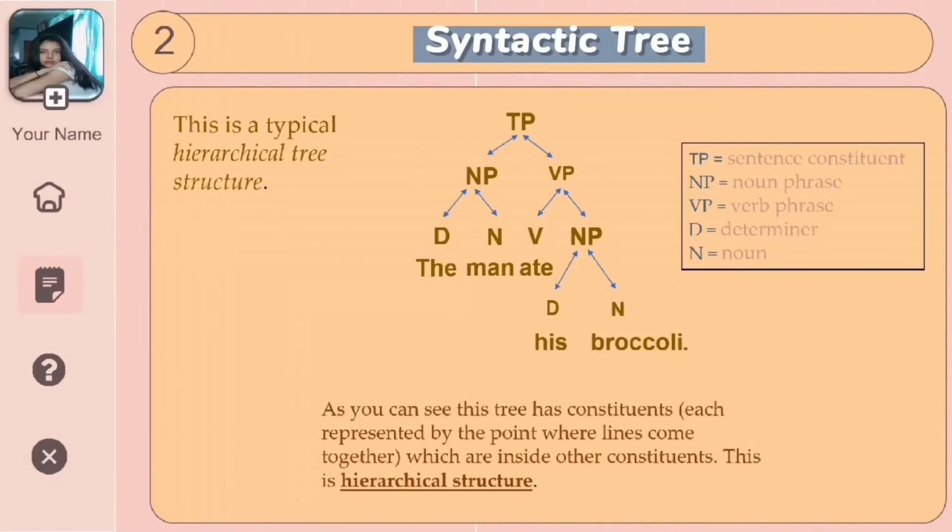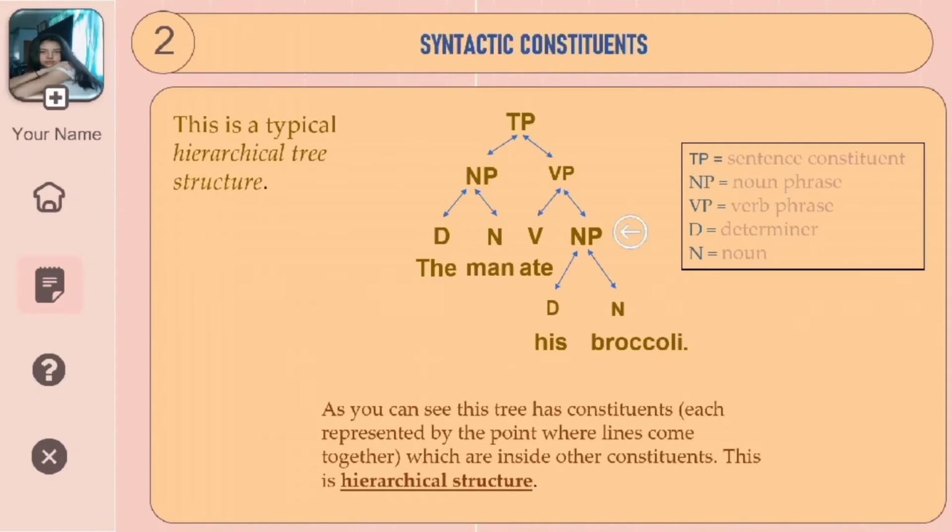If you look at a tree structure, you can identify the constituents by picking a node and seeing what comes with it. If we pick the NP, or noun phrase, then we have the determiner and the noun dangling below it. So that is a constituent. If we pick the VP, then we pick up the verb, the determiner, and the noun.